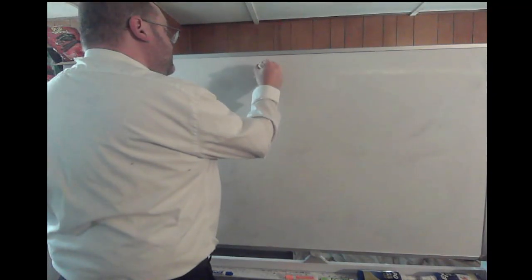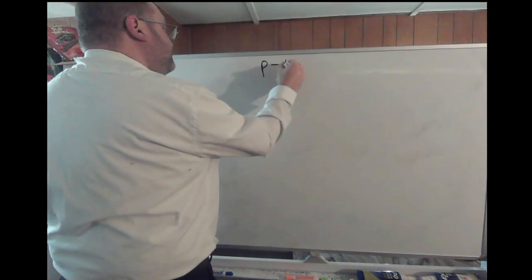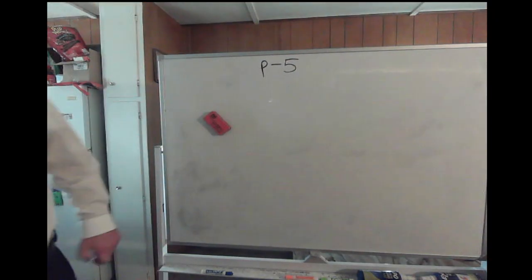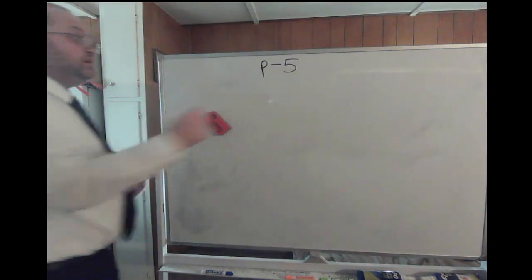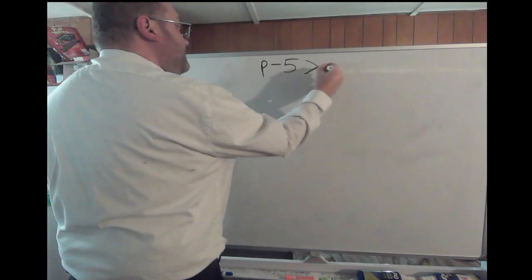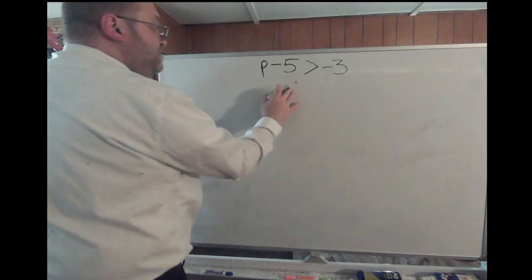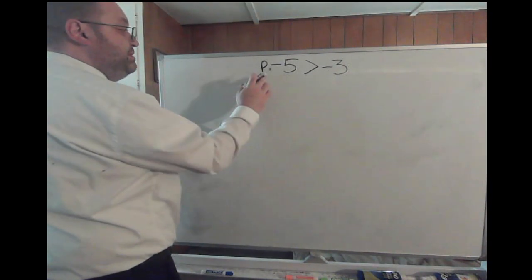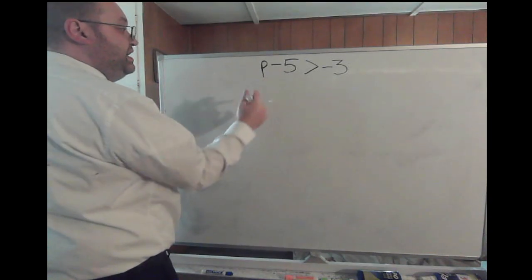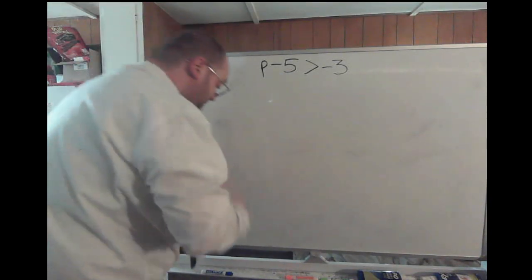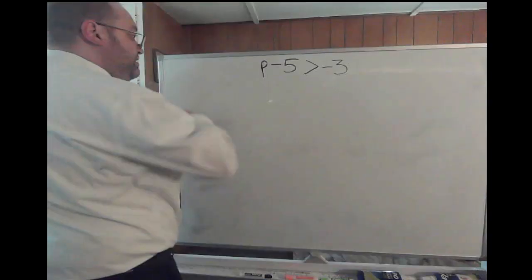Alright, we got p minus 5 is greater than negative 3. Again, we want to get the p by itself. You have a minus 5. You need to add 5 in order to get rid of that minus 5.